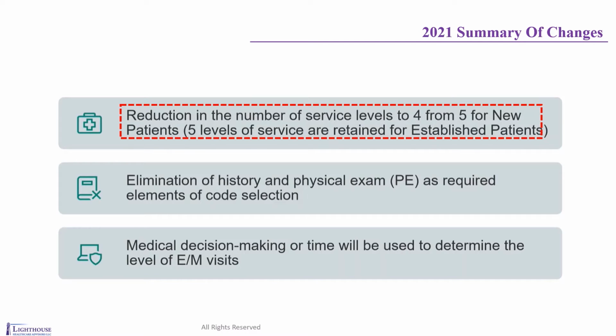The 99201 code is deleted in 2021. Established patient codes will remain the same, which is 99211 to 99215. Next major change is that history and examination will not be a key component to decide on E&M level. Effective 2021 MDM or time will determine the level of office visit or E&M.